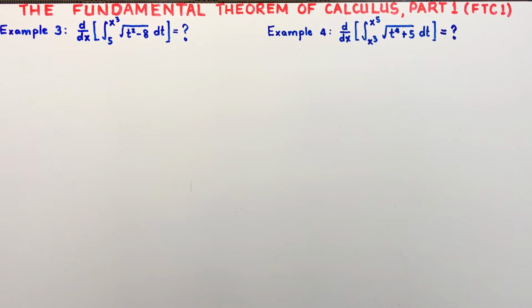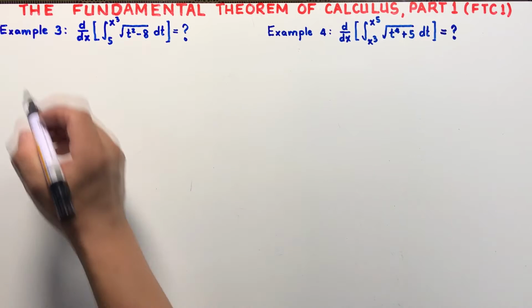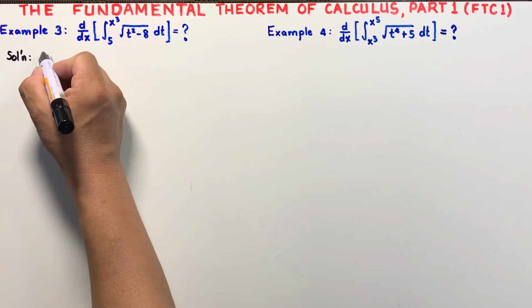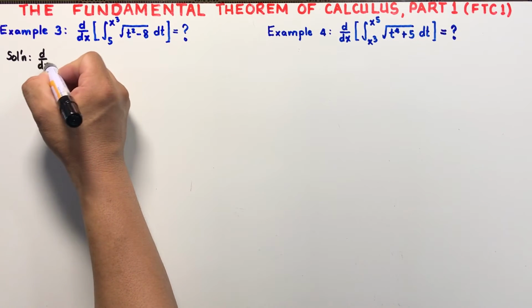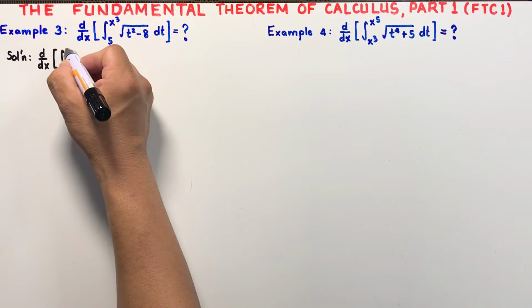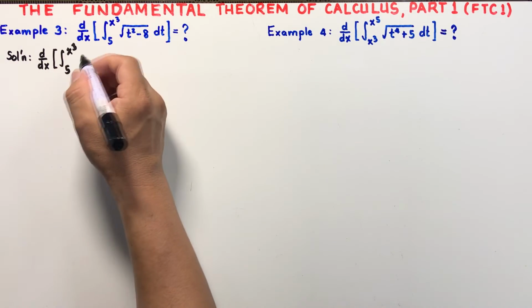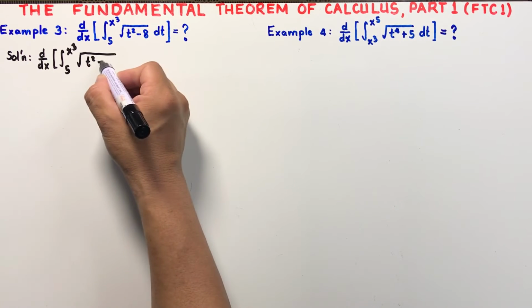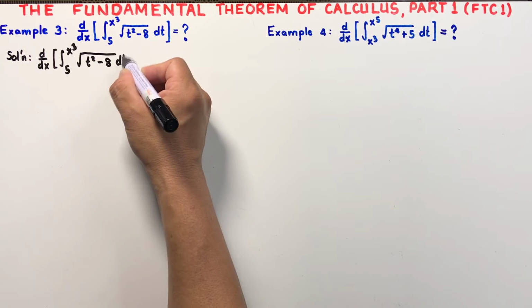What is the derivative of the integral of the square root of t squared minus 8 from 5 to x cubed dt? So to solve this one, we write here the derivative with respect to x of the integral from 5 to x cubed of the function, the square root of t squared minus 8 dt.